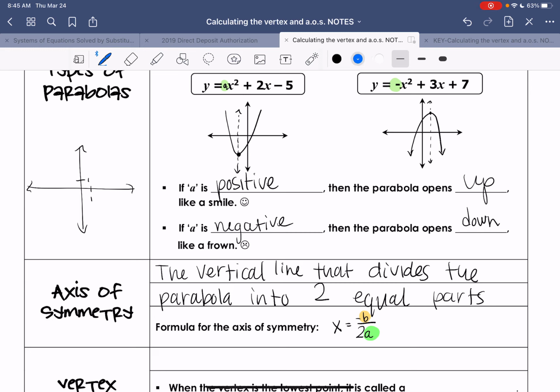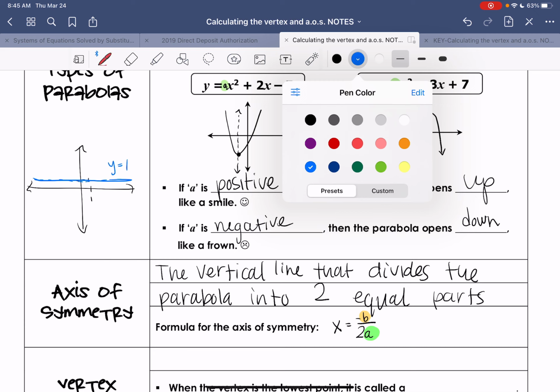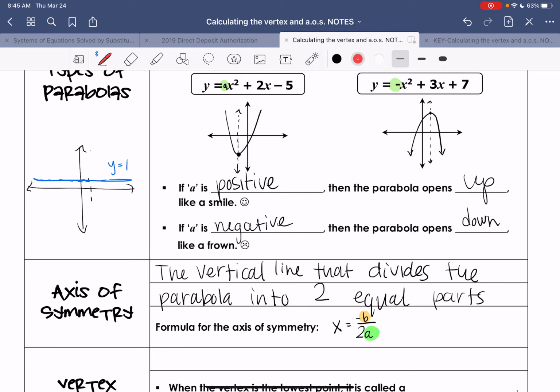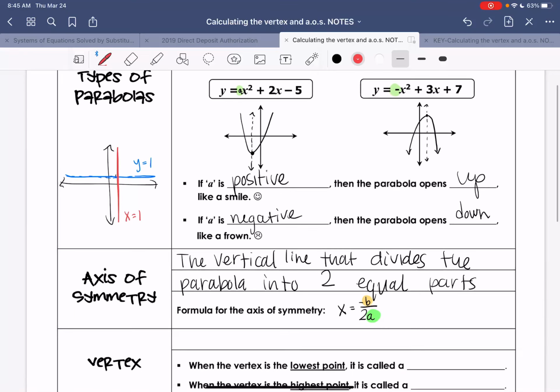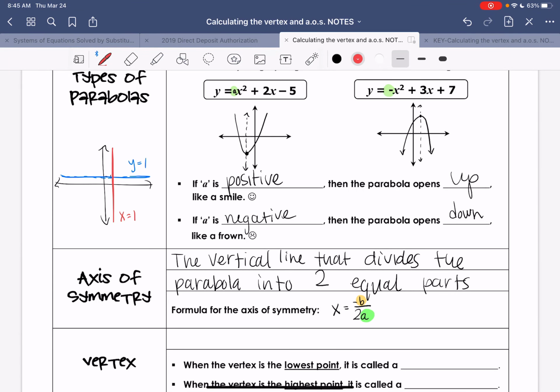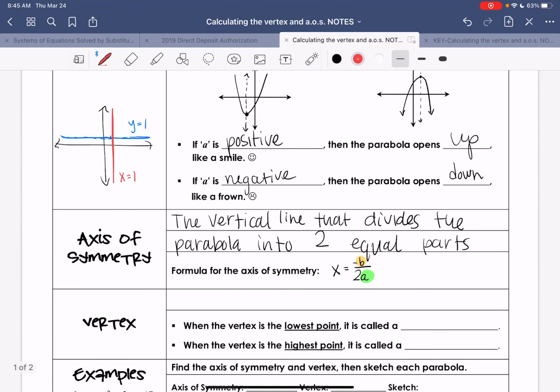If I have a line going across at 1, this equation would be y is equal to 1. And then if I have a line at 1 going up and down, this is going to be x equals 1. So keep that in mind because our axis of symmetry is a vertical line up and down, which would be an x equals graph.